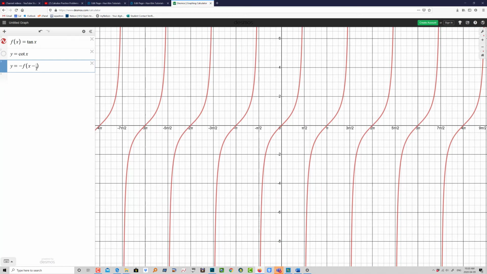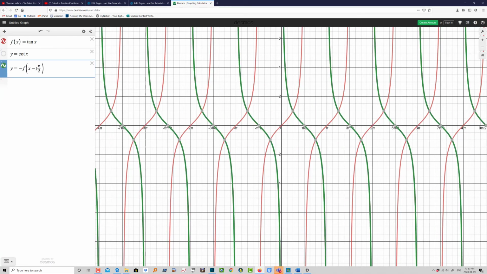We're going to flip it and shift it by pi over 2. When I say x minus pi over 2, that means shift it pi over 2 to the right. And if I hide the green and the blue graph, you can see they're on top of each other. So whether it be a plus or minus sign, left or right, it ends up being the graph. So the cotangent graph is actually a transformation of the tan graph, flipping it and then shifting it.